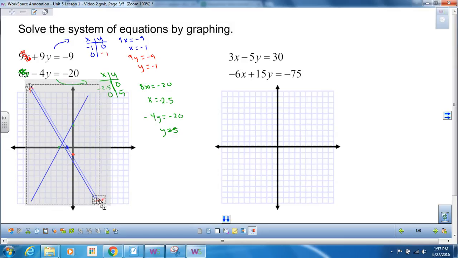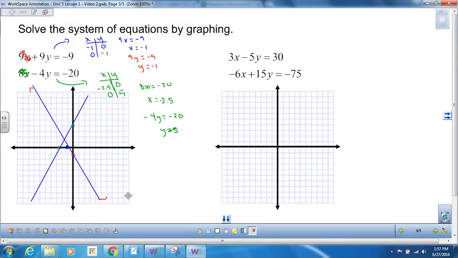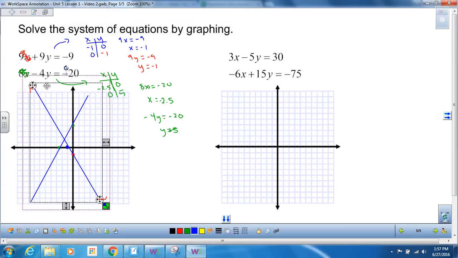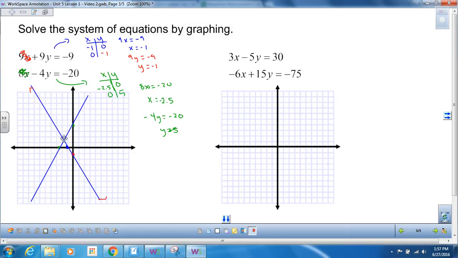Like I said, they should go through a point. And sometimes you're going to have to just pick the closest one because your lines may be a little bit off. It's going to be right here. And that's -2, 1.